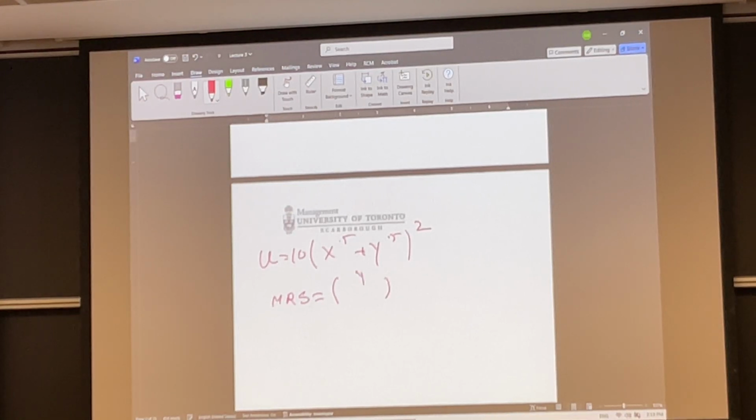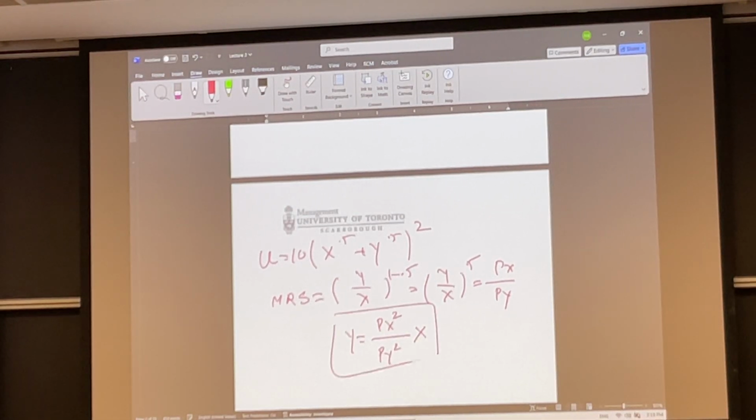Y over x to the 1 minus, so that should be (y/x)^0.5. That should be equal to relative price. So y should be (px/py) squared, x. That is y solved for x.